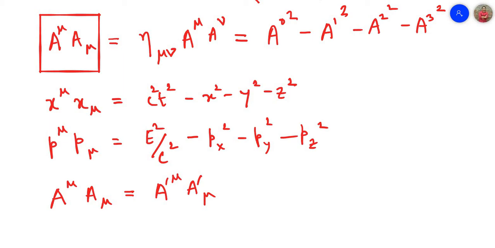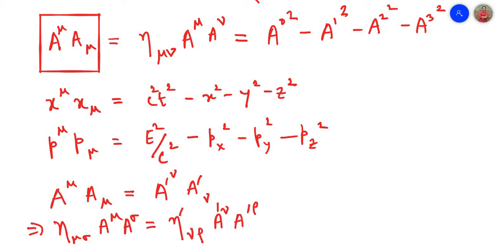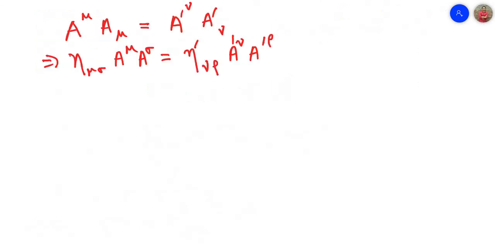Now since these two indices are contracted, I can rewrite them as a prime nu, and using the metric I can write eta mu sigma a mu a sigma, and on the right hand side we have eta prime nu rho a prime nu a prime rho.